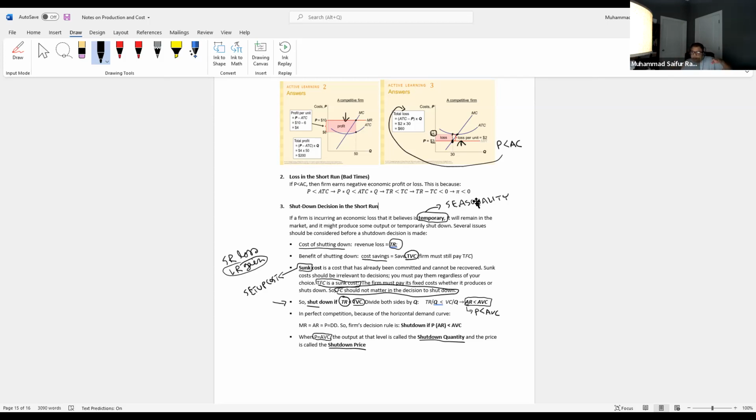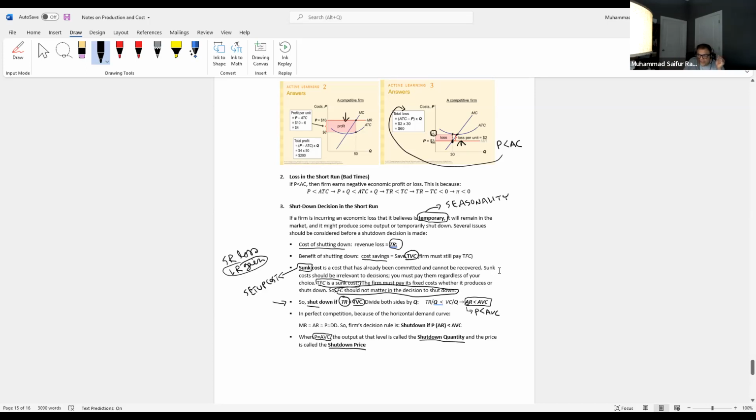One is that if the market price is currently the shutdown price, it means that our firm will cease to produce. If the firm, on the other hand, is producing the shutdown quantity, it will also cease to produce if the market price is indeed equal to the average variable cost. So there are alternative ways of looking at that.